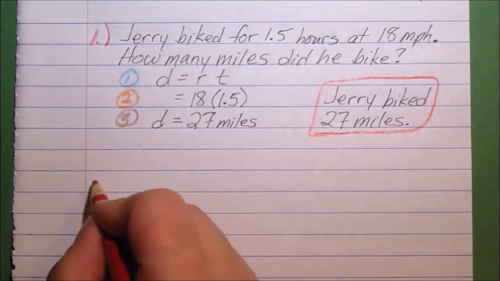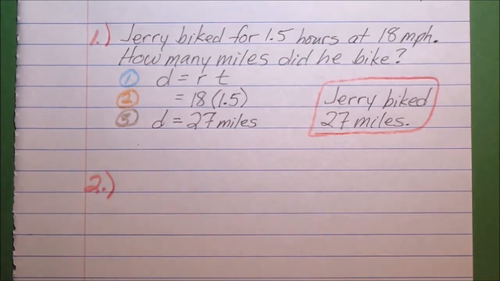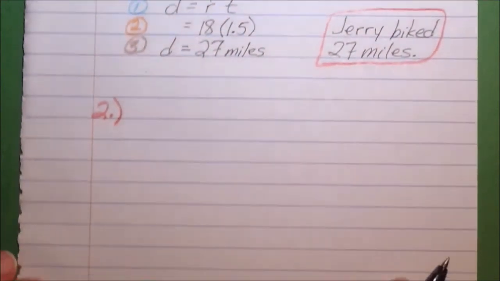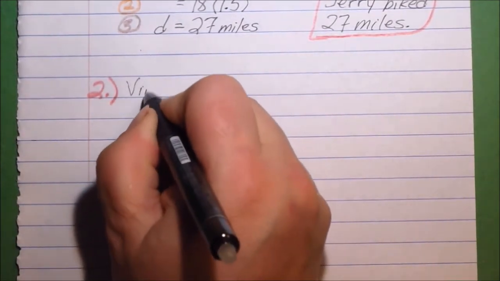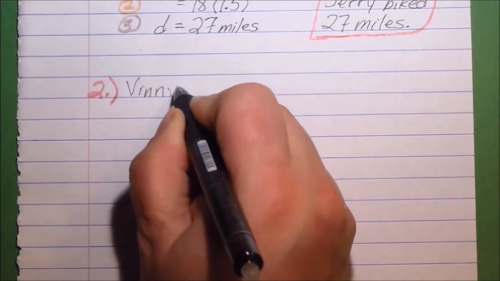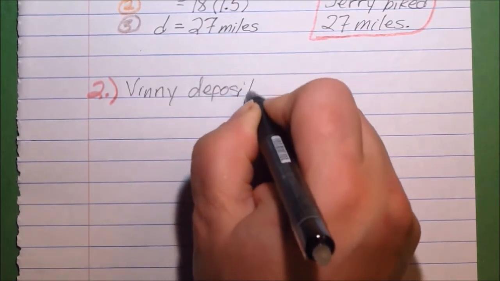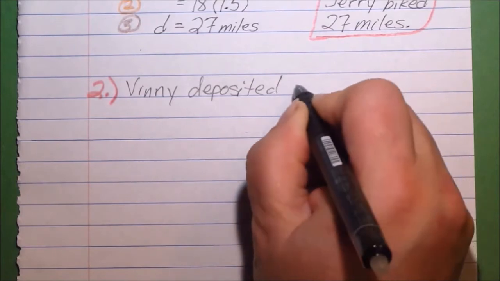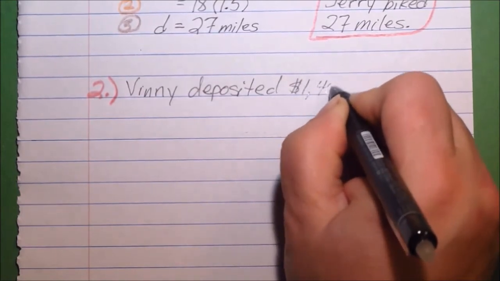Okay, so let's see the next one. Problem number 2. Let's put this up there. Vinny deposited $1,400.